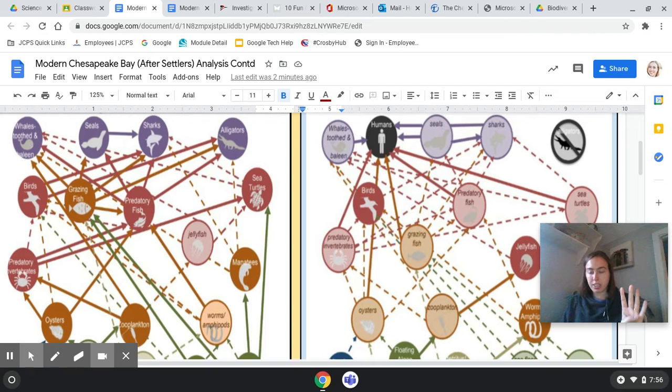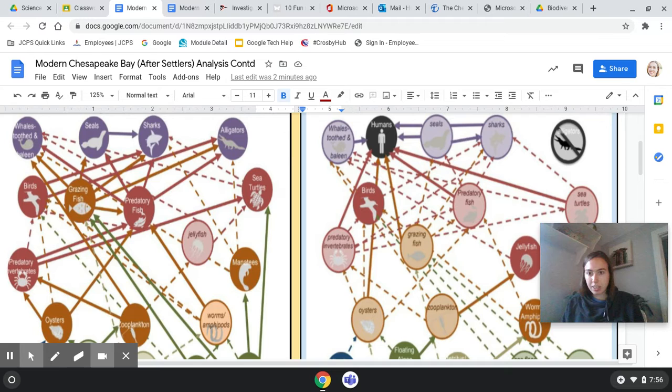And then I can start to see some lines coming toward predatory fish from predatory invertebrates, 5, from grazing fish, 6, from oysters has an arrow coming to predatory fish, that's 7, from worms, that's 8, and then I'm just going to double check and make sure that I didn't miss any.